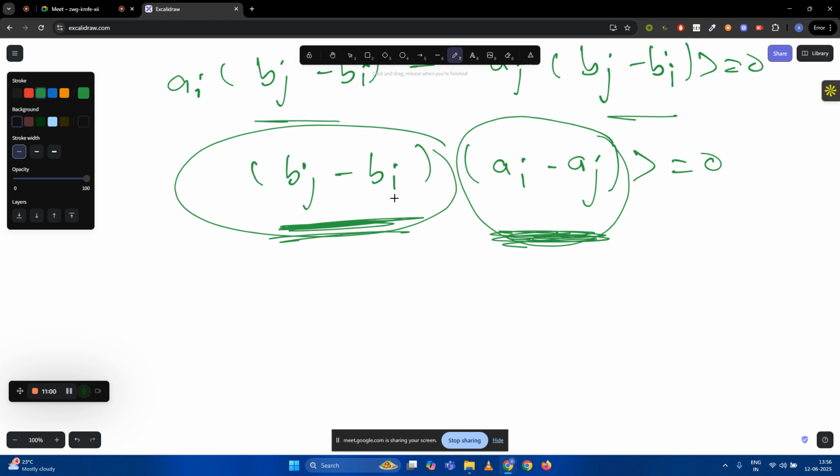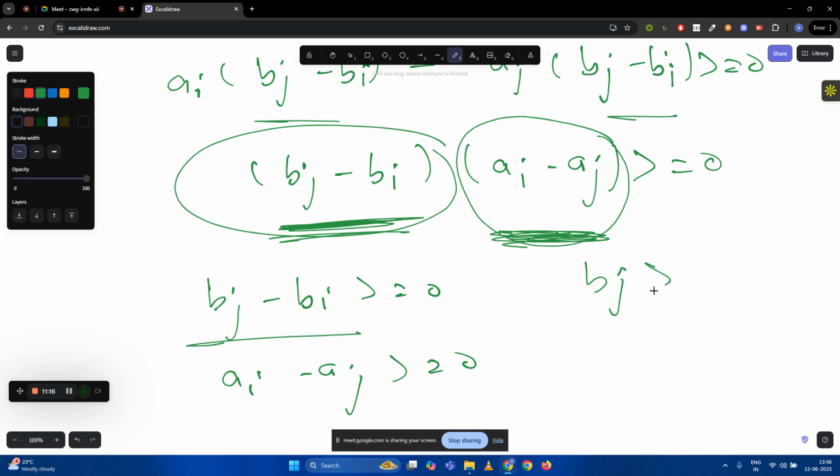So let's consider the case where both are positive. If you want a positive product, both have to be positive. So Bj minus Bi is greater than or equal to 0, and Ai minus Aj is greater than or equal to 0. From here you can see Bj is greater than or equal to Bi, and Ai is greater than or equal to Aj.